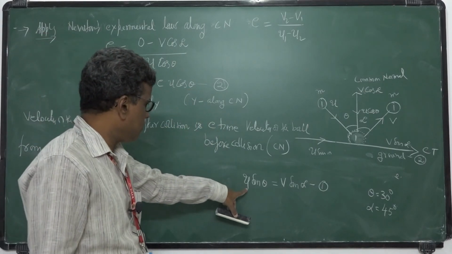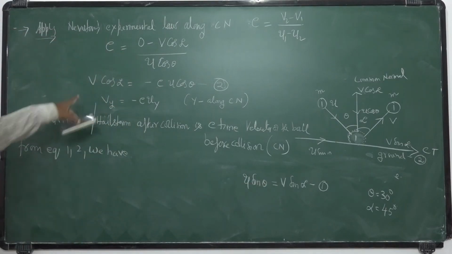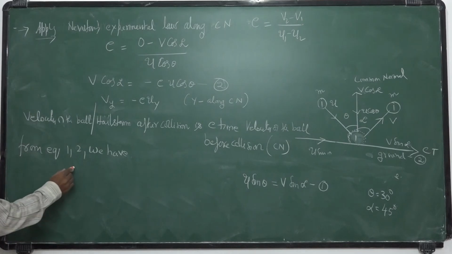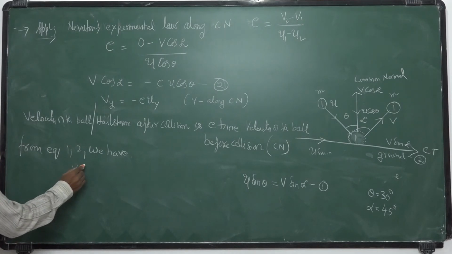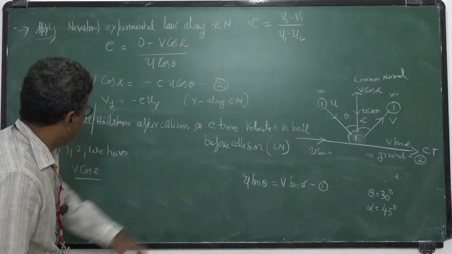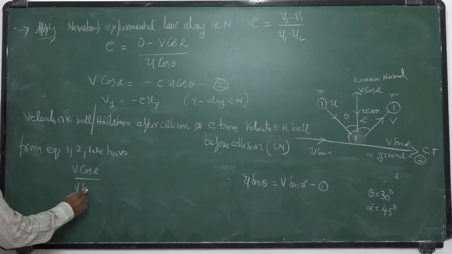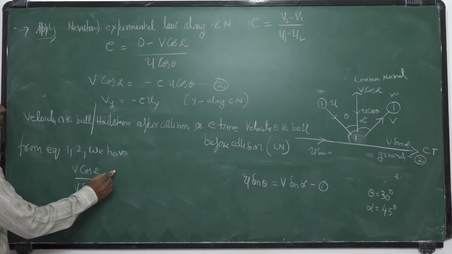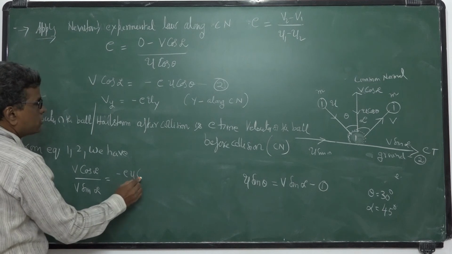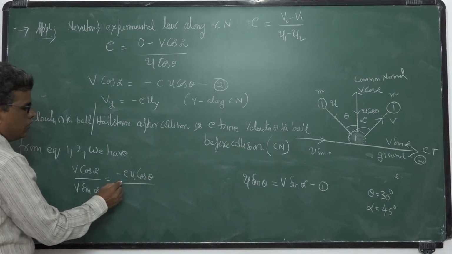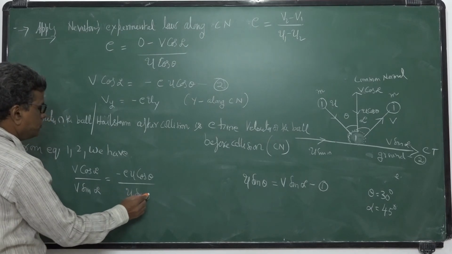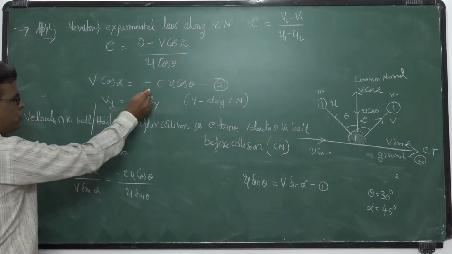So I will write V cos alpha by V sin alpha is equal to minus E U cos theta by U sin theta. I take the magnitude only.